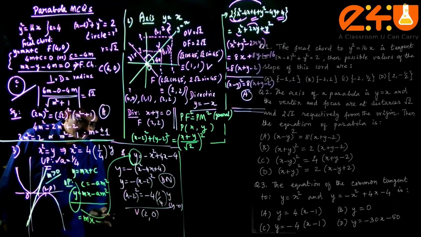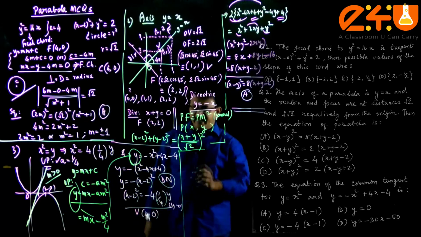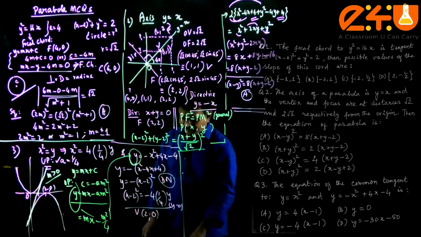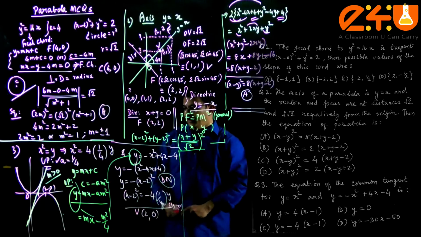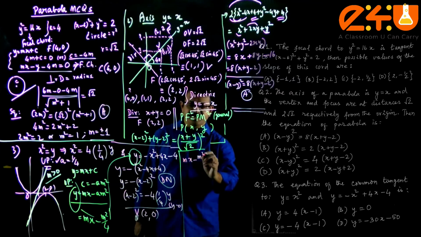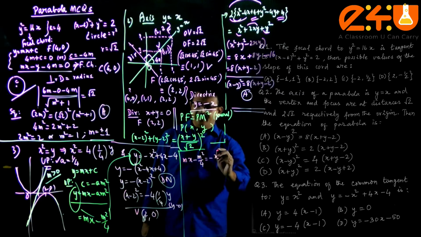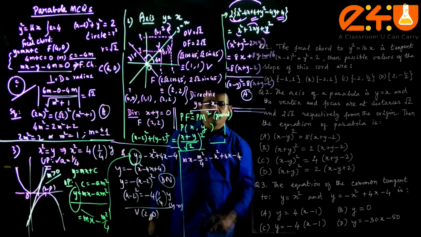A is 1 by 4, so I get m square by 4. Okay, now connect it here. By connecting it here, in place of y, I substitute mx minus m square by 4 equal to negative x square plus 4x minus 4.